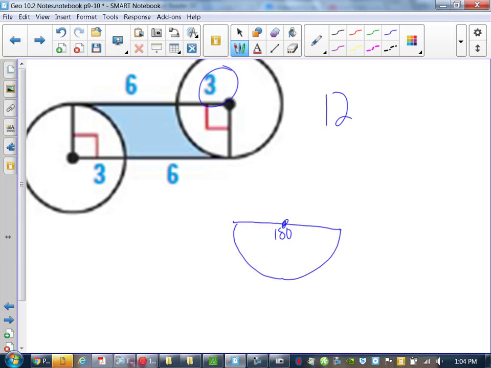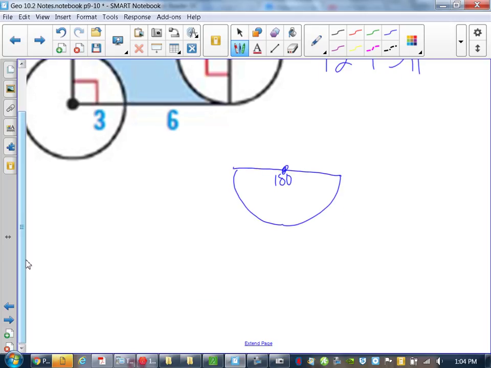This being a semicircle means half of that would be half of 6 pi, 3 pi. Okay? That's one way to use your brain. Otherwise, use the formula: 180 over 360 times 2 times 3 times pi. 180 over 360, we know, is a half, right?